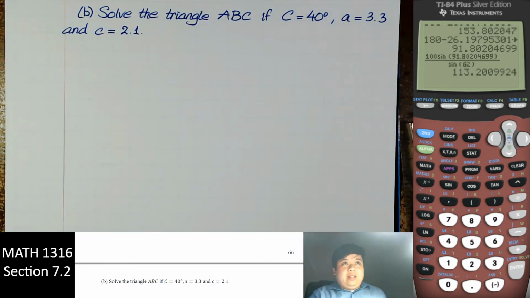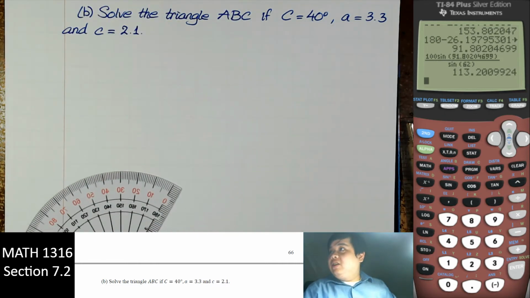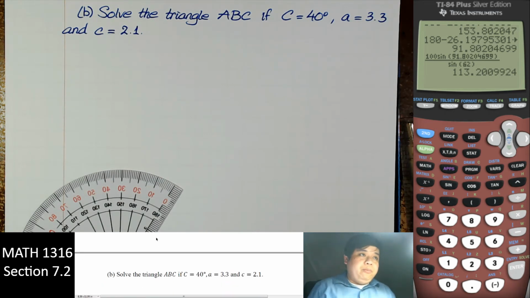Right. And we just kind of react to what we are given. Right, C is 40, a is 3.3, little c 2.1.